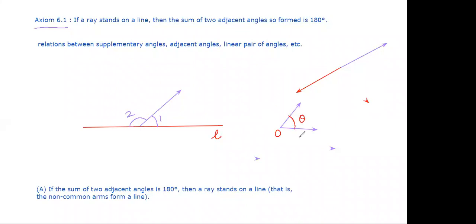Let's say that angle is theta. This theta can be 0 degrees also. It can be a right angle, acute angle, or obtuse angle.